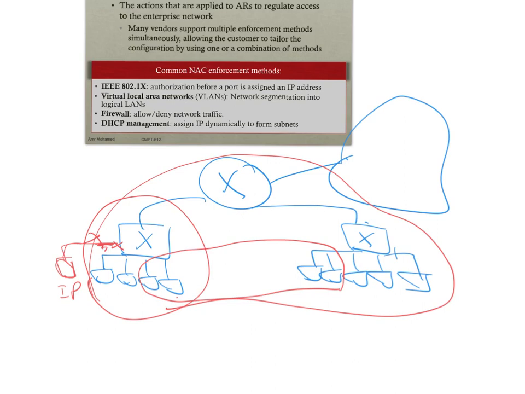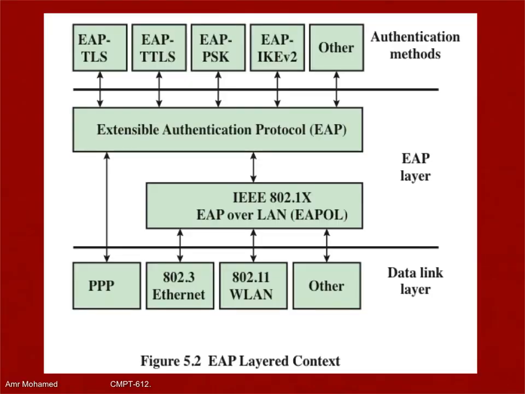So that's what we do. After all of this, we have a DHCP, which is used to assign the IP address. So this is the layered stack of this network access layer security. Here we have the data link layer protocols. And data link layer protocols, as we all know, we have Ethernet 802.3, okay? Or we have wireless.